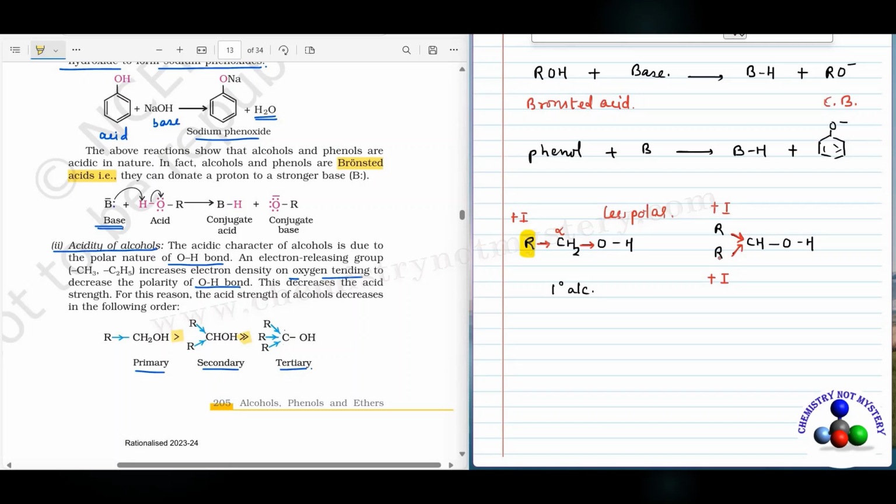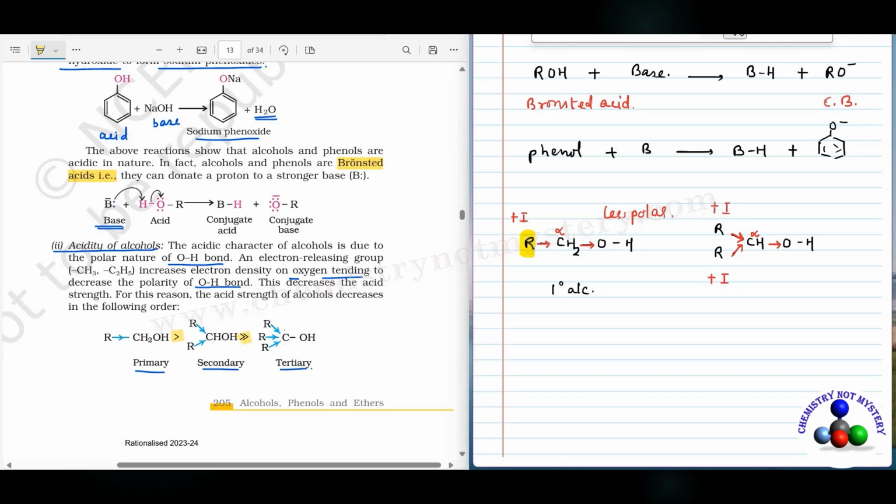This more electron rich alpha carbon donates electron density to oxygen. Now, this oxygen will gain more electron density from the alpha carbon, so it will withdraw even less electron density from the hydrogen. That's why this secondary alcohol will become less polar than before. As it becomes less polar, there will be less possibility to remove hydrogen in the form of H plus ion.